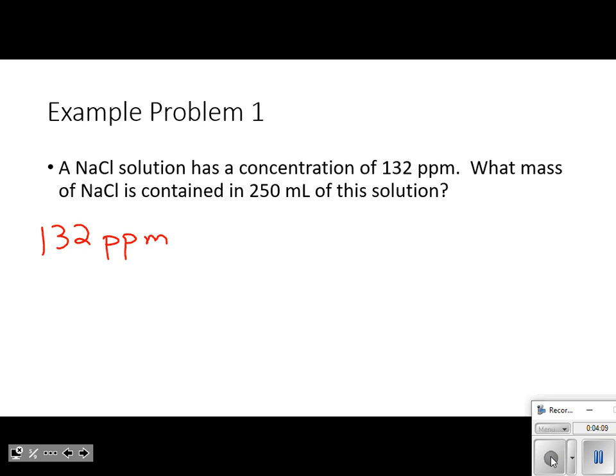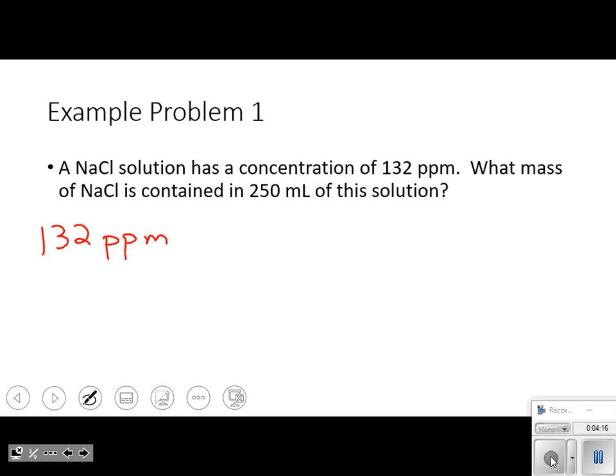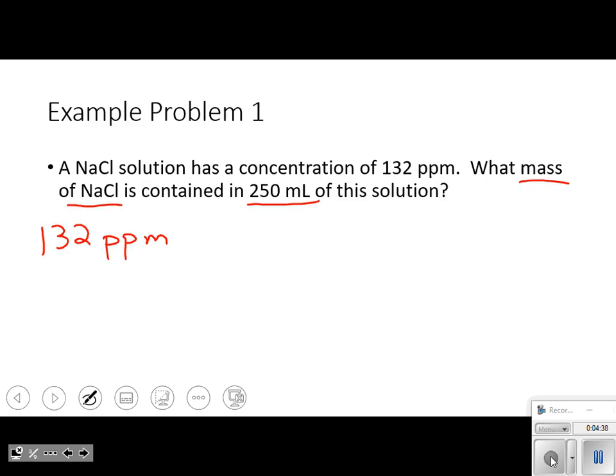and I look at my data table, which was a couple of slides, well, this slide right here, and since I have a mass of NaCl and a volume, I'm going to look at the mass and volume section of my table, and I see that parts per million are milligrams per liter, right? So I come up here, I'm changing my label from parts per million now.